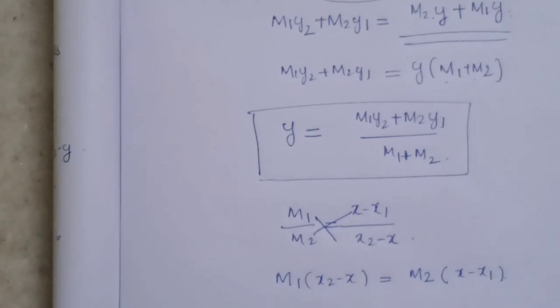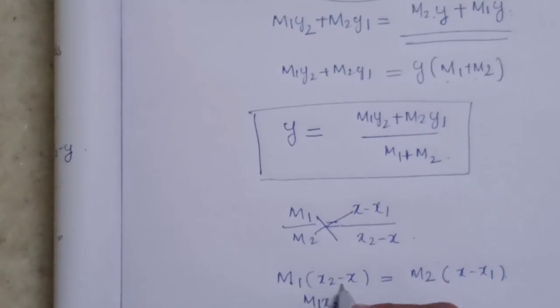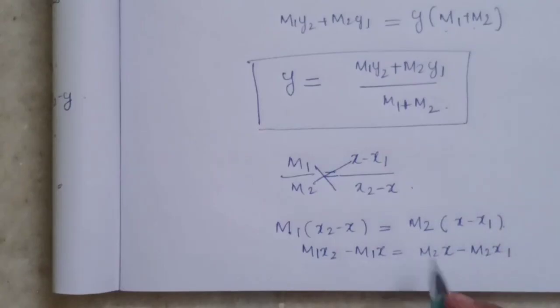Okay, so now just multiply: m1 x2 minus m1 x is equal to m2 x minus m2 x1. Now bring the x terms to one side and other terms to the other side, right?